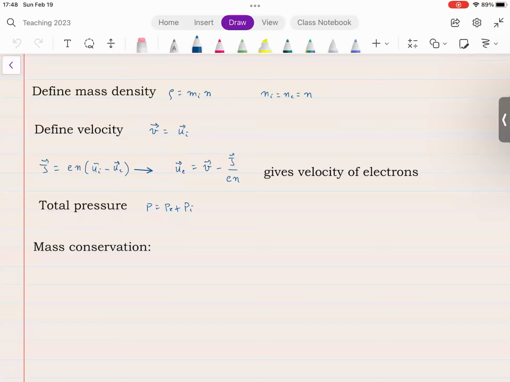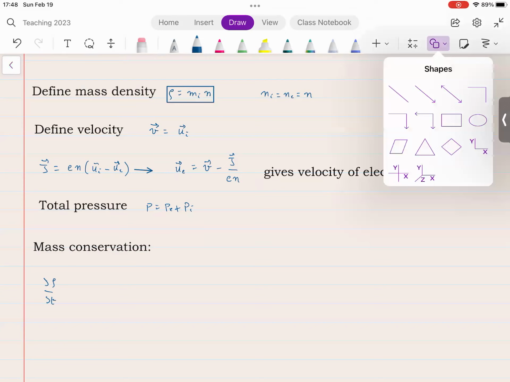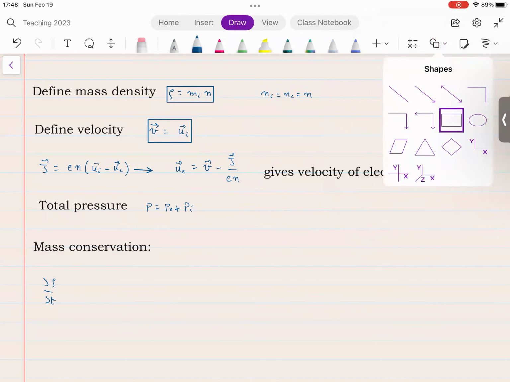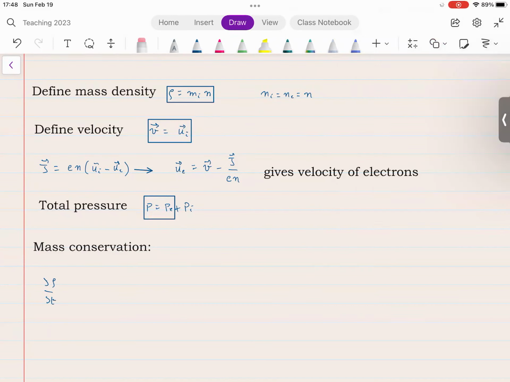I just multiply by the ion mass, and I obtain that d rho over dt. Remember the definition of rho. I think I should probably square them so that we can remember that these things are important.